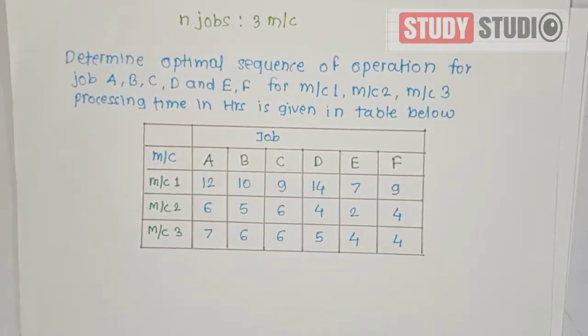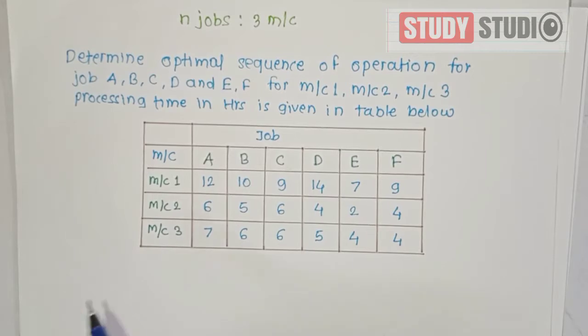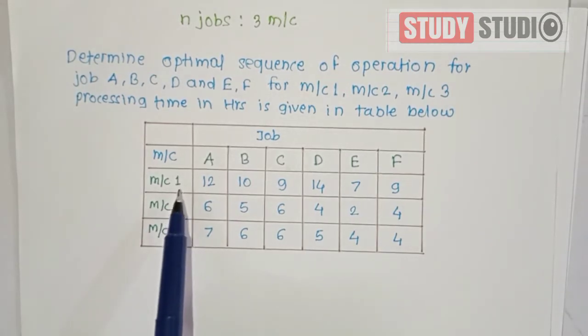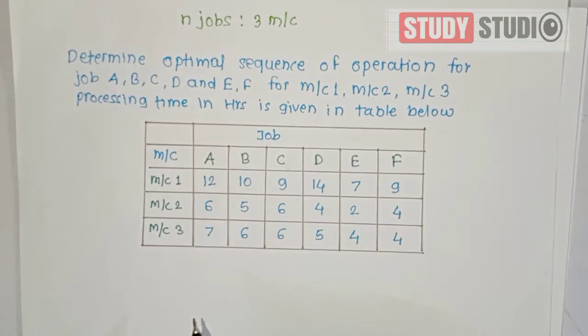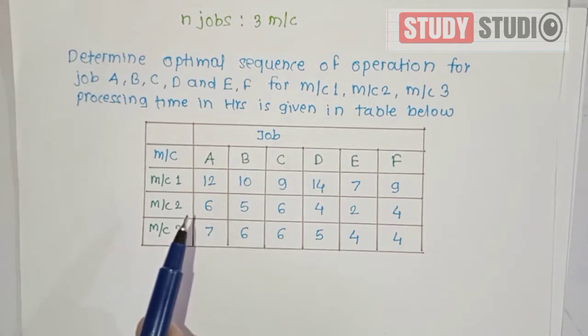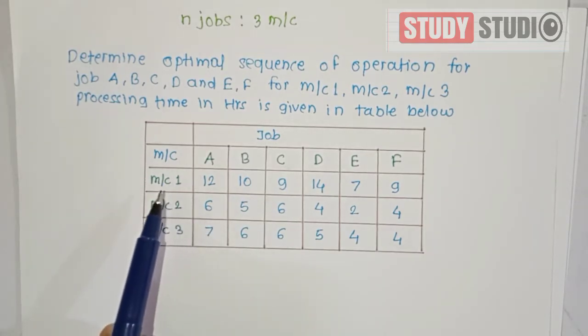To solve this problem, we have to convert the processing time of 3 machines to the processing time of 2 machines. For that purpose, we have to check the conditions we have discussed earlier. So write down first the minimum process time of machine 1.